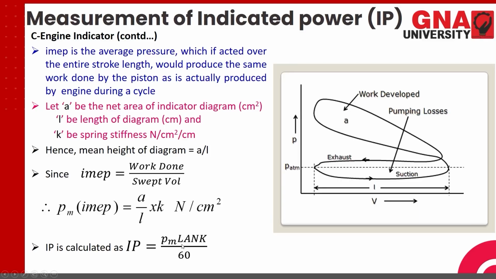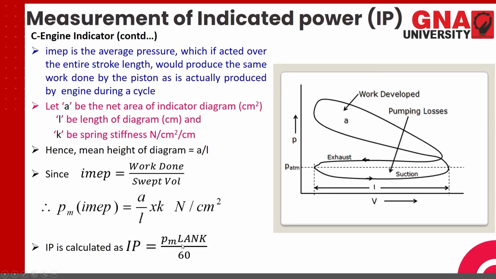So A by L gives you the indicated mean pressure. Now what is this K? K is the spring constant that we are using. Depending upon the spring, this pressure will change. So hence A by L into K will give you the indicated mean effective pressure.